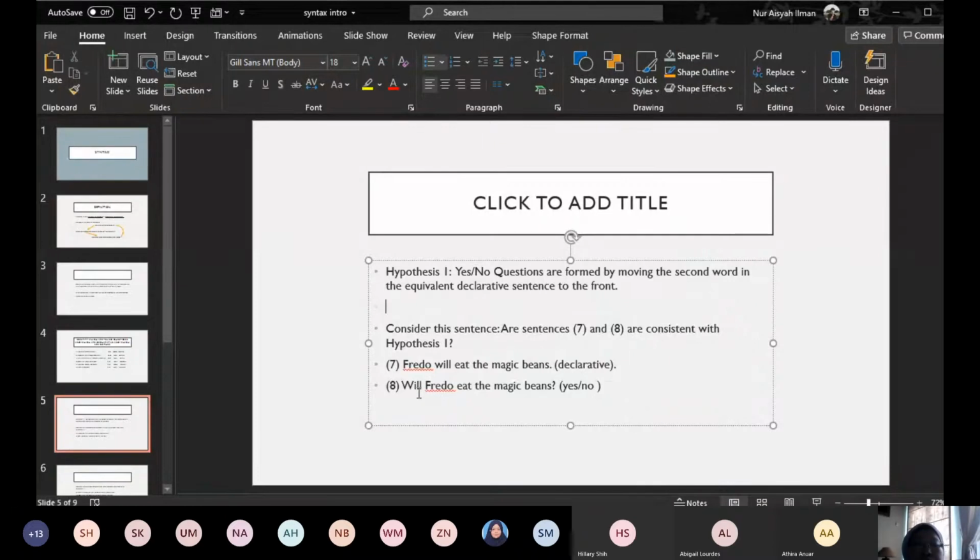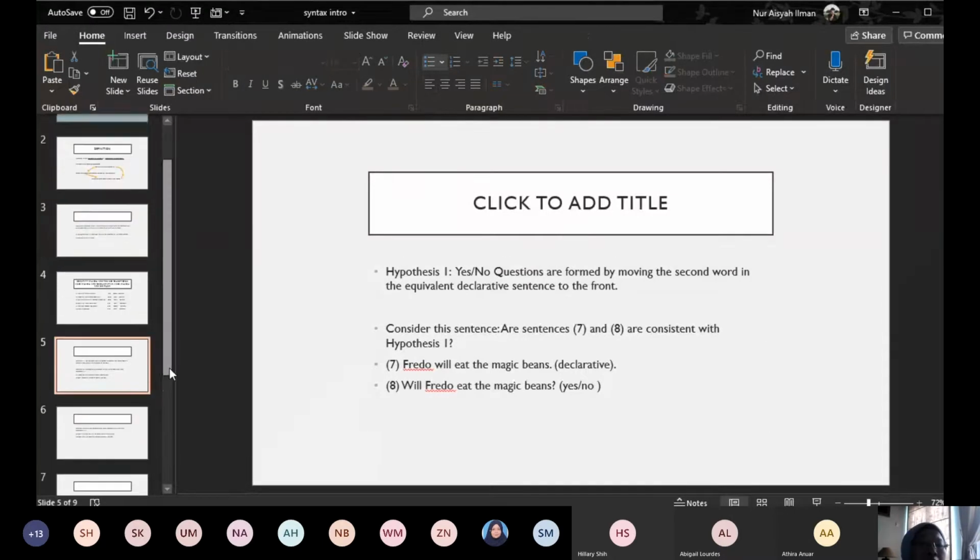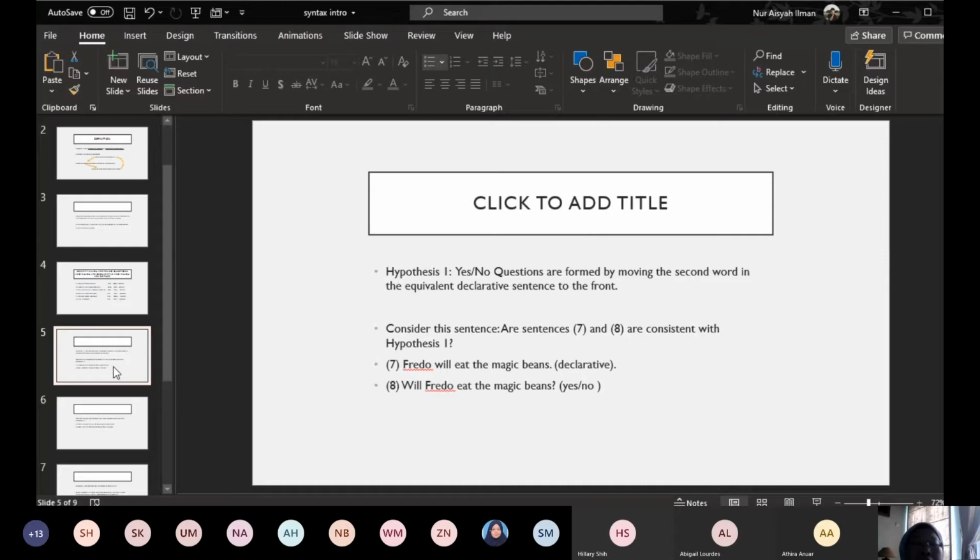Can you see that? So hypothesis 1 is consistent with 7 and 8. Consistent means they agree, or they go together. That means the data support the hypothesis.